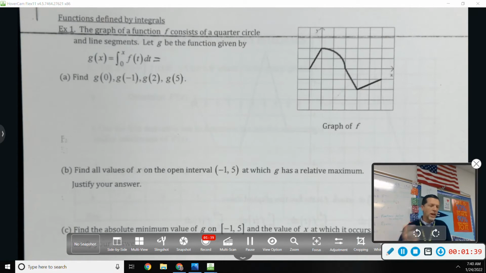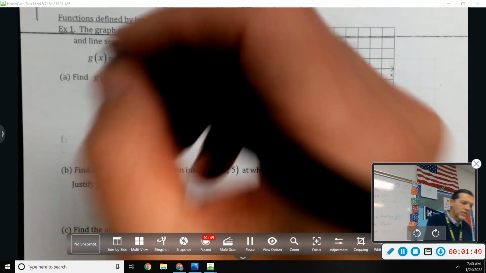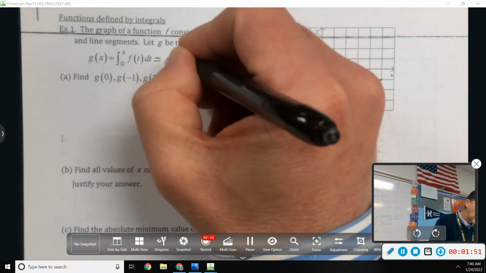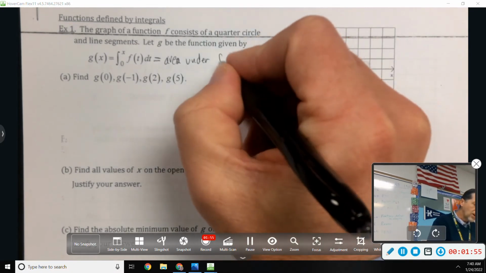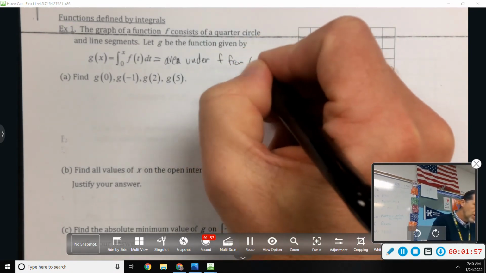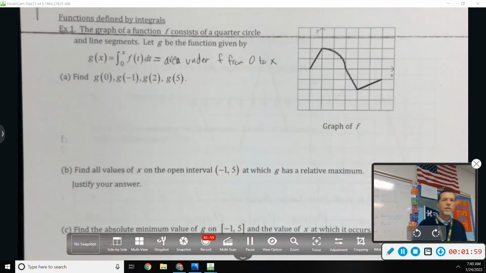Antiderivative is one way, and it usually works when we have an equation to antiderivative. So what's another way to think of the integral? Area under the curve. So this means area under f from 0 to x.